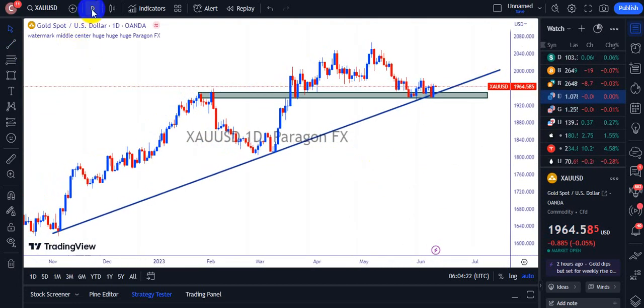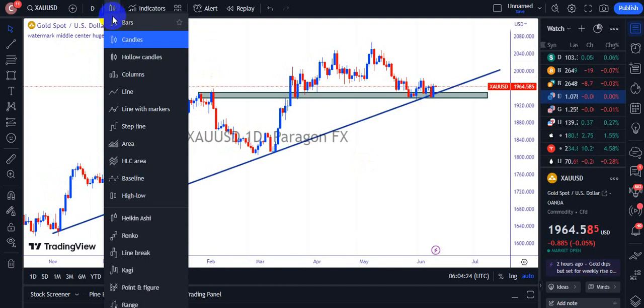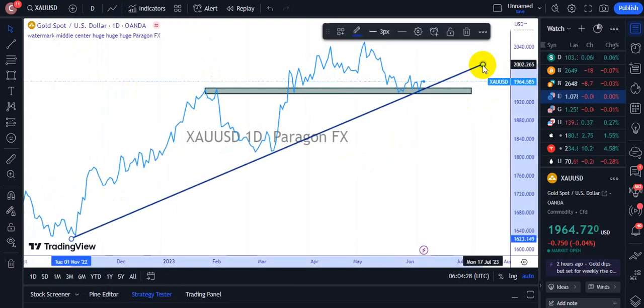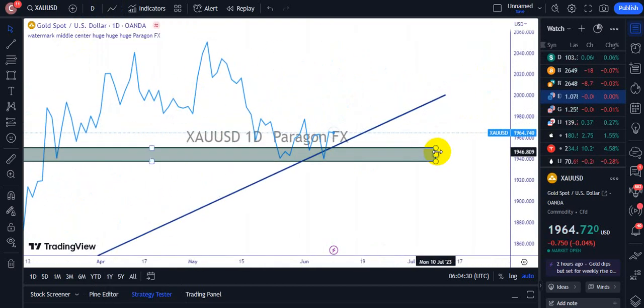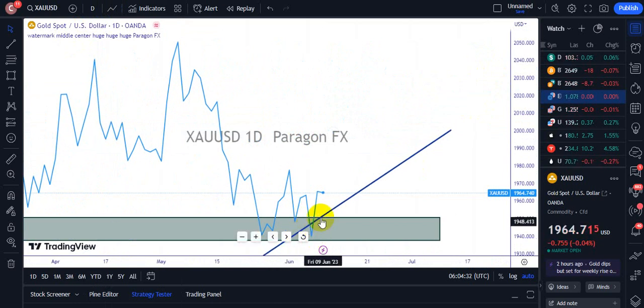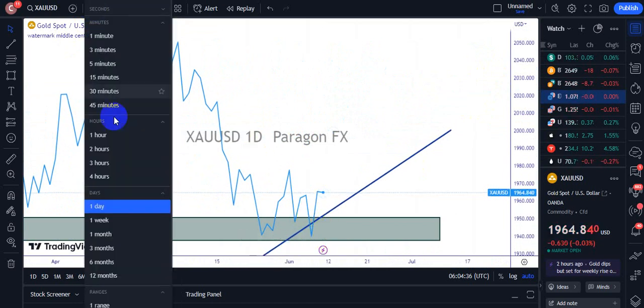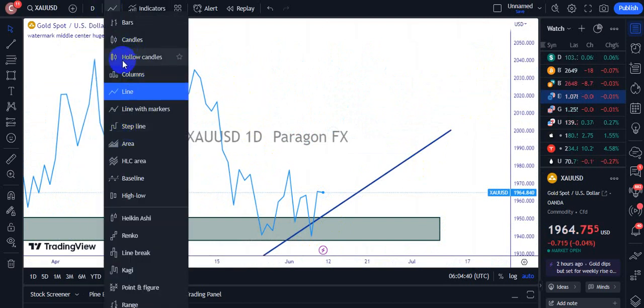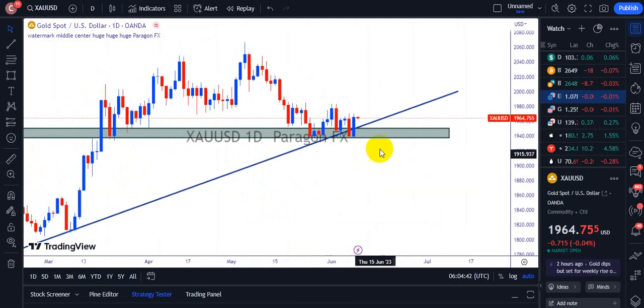Come to the line chart. Look at this, line chart. You can see that this is the fake breakout. D1 time frame. Look at this.